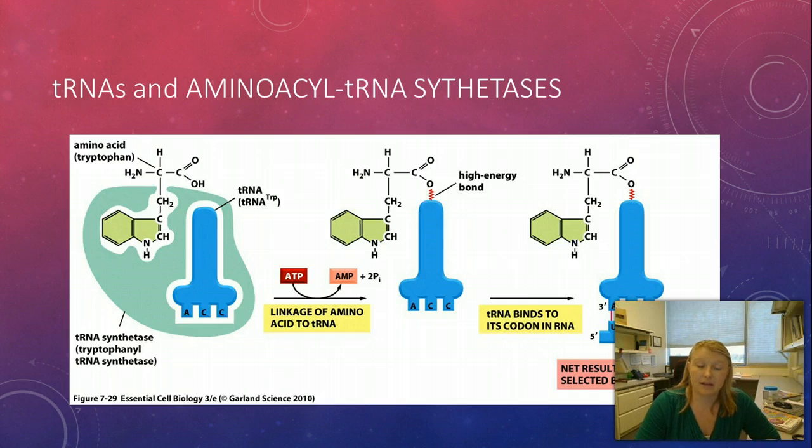The enzyme will check to make sure that the anticodon is appropriate for the amino acid that's going to add to it. Then it will create a high energy bond between the amino acid and the tRNA. Then it will release it from the enzyme complex, and it will go out and join to the ribosome sites and allow for the transfer of this amino acid to the growing primary structure of the protein.